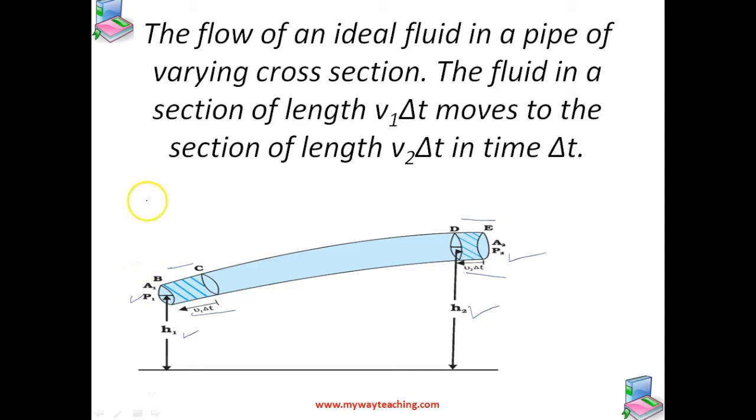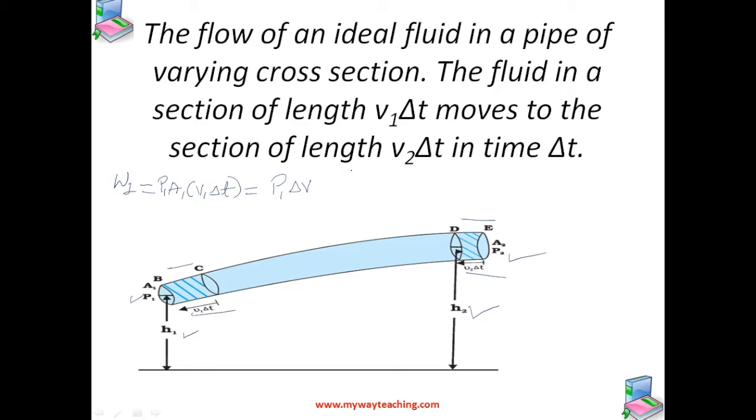We consider the work done at BC as W1, which is given by P1 A1 into V1 delta T. Okay, so we can write it as P1 into delta V, since the same volume delta V passes through both the regions.